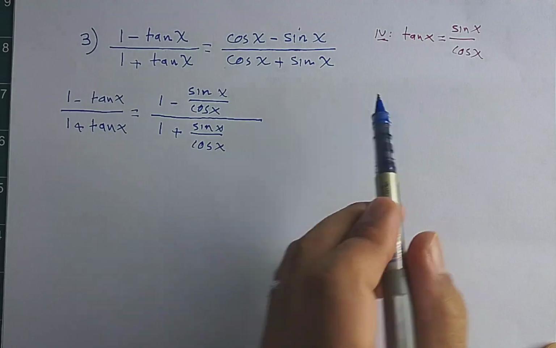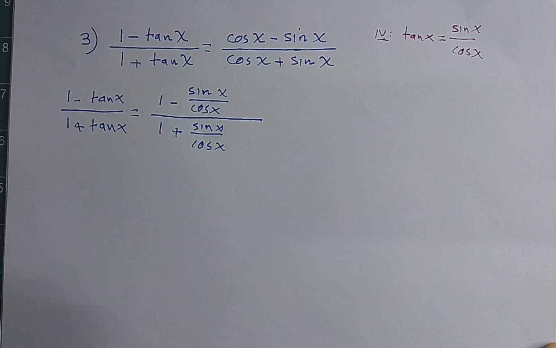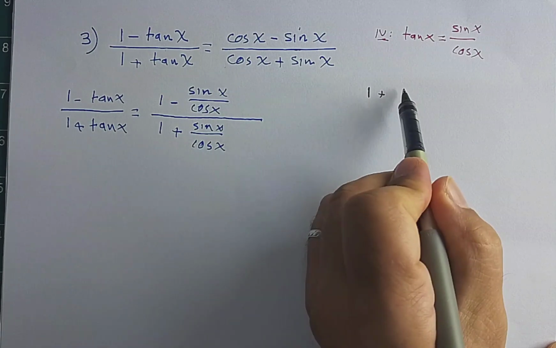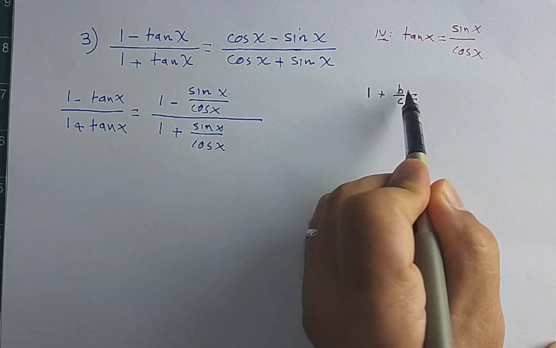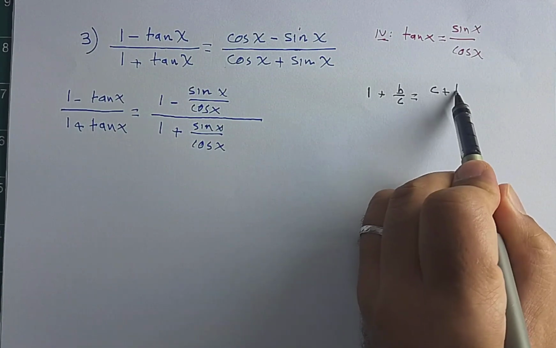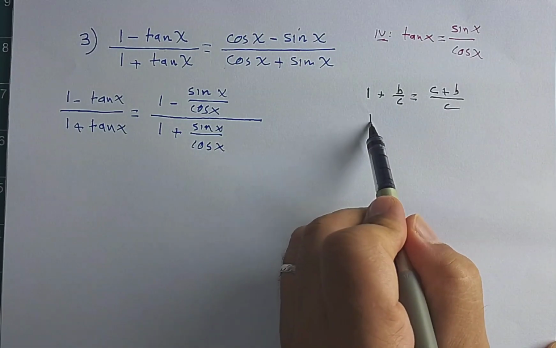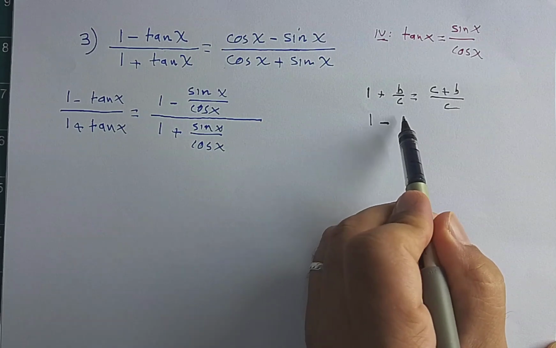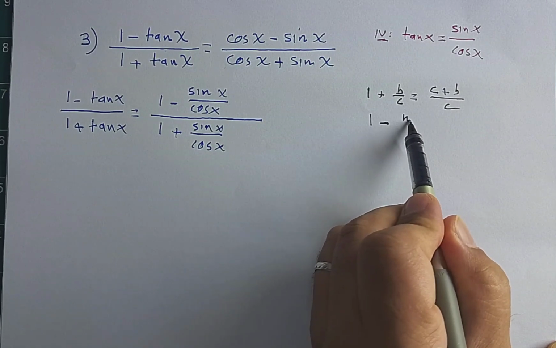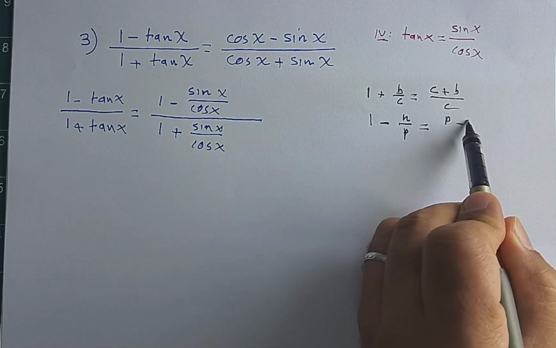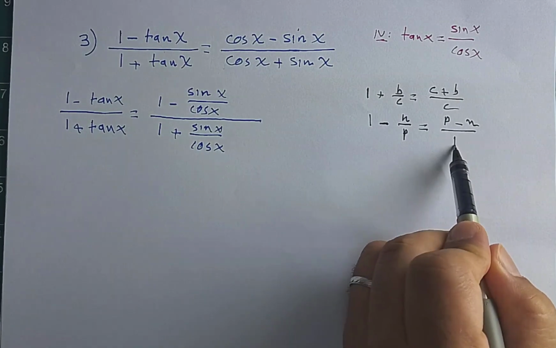So if we have fractions like that, 1 plus b out of c equals (c plus b) out of c, or 1 minus b out of c equals (c minus b) out of c.